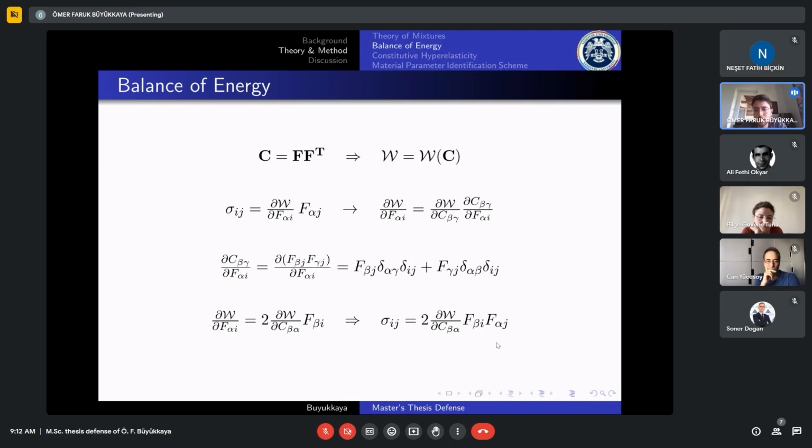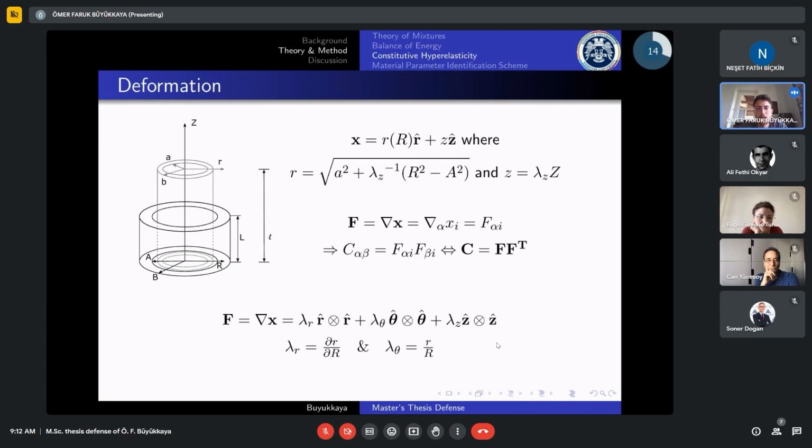For defining the deformation gradient, we take the deformation and multiply the gradient operator from the left to the deformation vector. Since it is applied from the left, we write the deformation gradient as F alpha I, and thus C will be equal to F times F transpose.